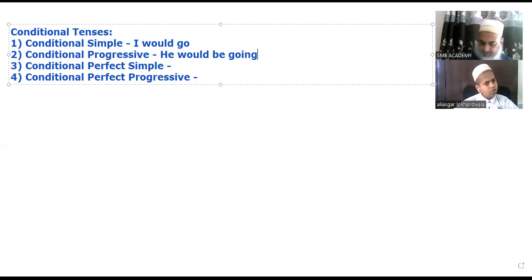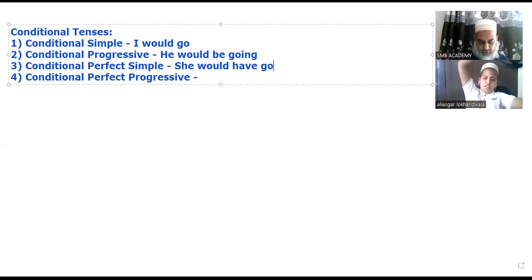Okay, Ali Asgar, got it? Okay. Then the third one: she would have gone. Would have gone. What is the meaning of would have gone? She would have gone.